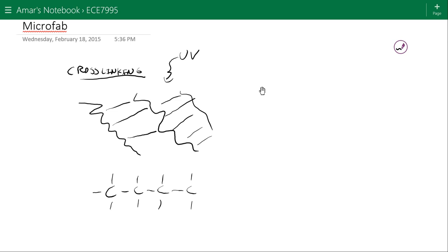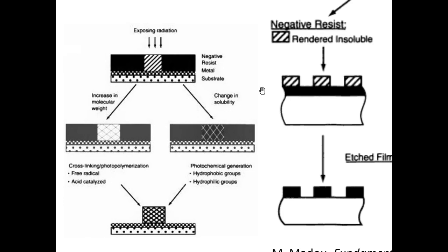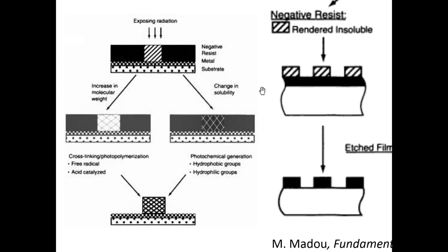This causes the material to harden. This is a very hand-wavy description of what cross-linking is. There's a lot more detail to it, but I just want to give you the basic idea. So by exposing the polymer to ultraviolet radiation, you are cross-linking the material.